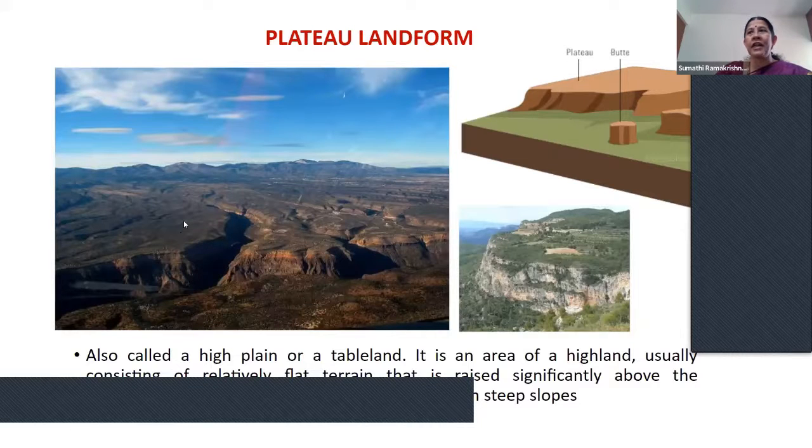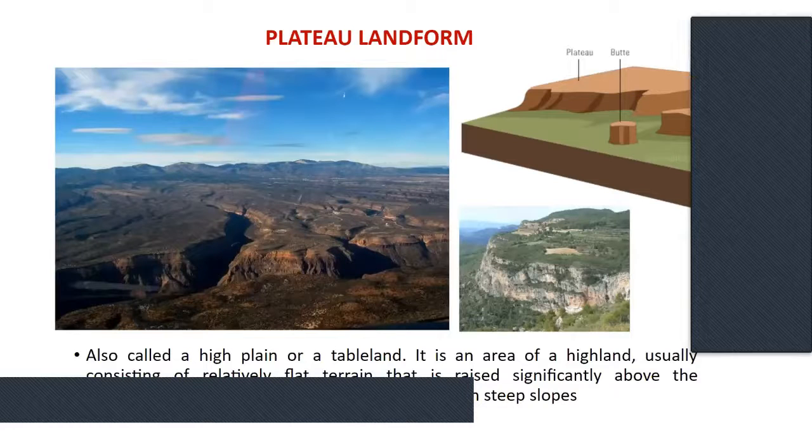You can ask children, have you ever wondered how plateaus are formed? Do you think a natural disaster can be a cause for a plateau? Yes, ma'am. Plateaus are formed due to soil erosion, wind erosion, or volcanic eruption.